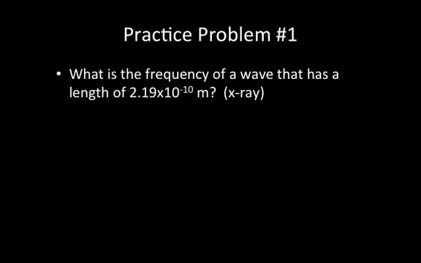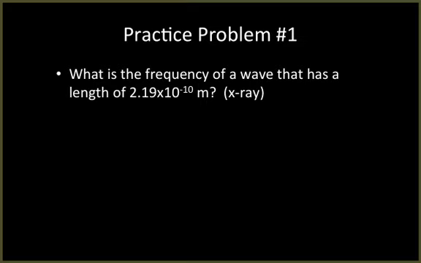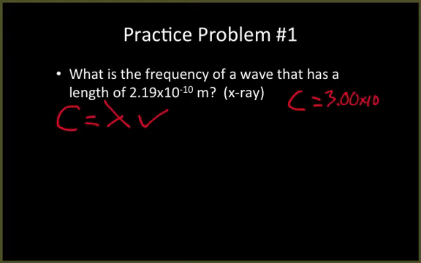What is the frequency of a wave that has a length of 2.19 times 10 to the negative 10th meters? Well, we know c equals lambda times v. We know c is 3 times 10 to the 8th meters per second.